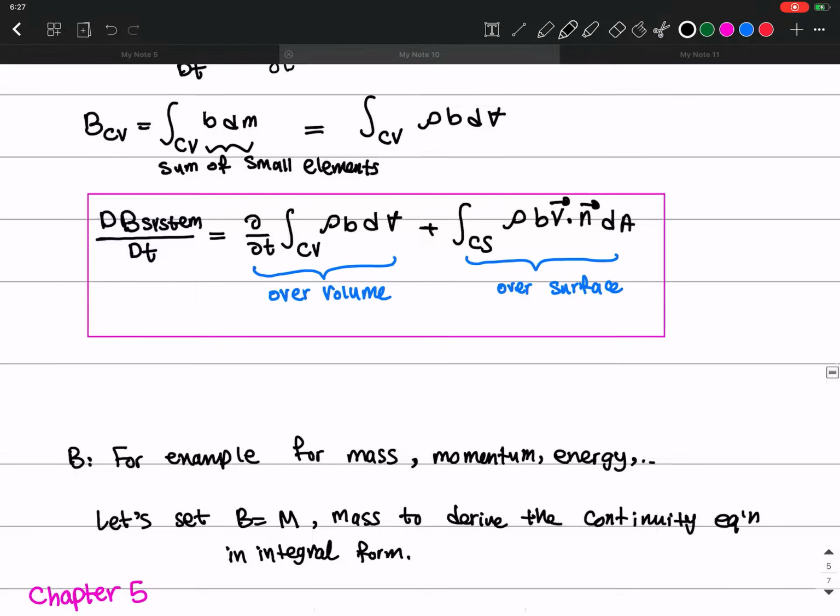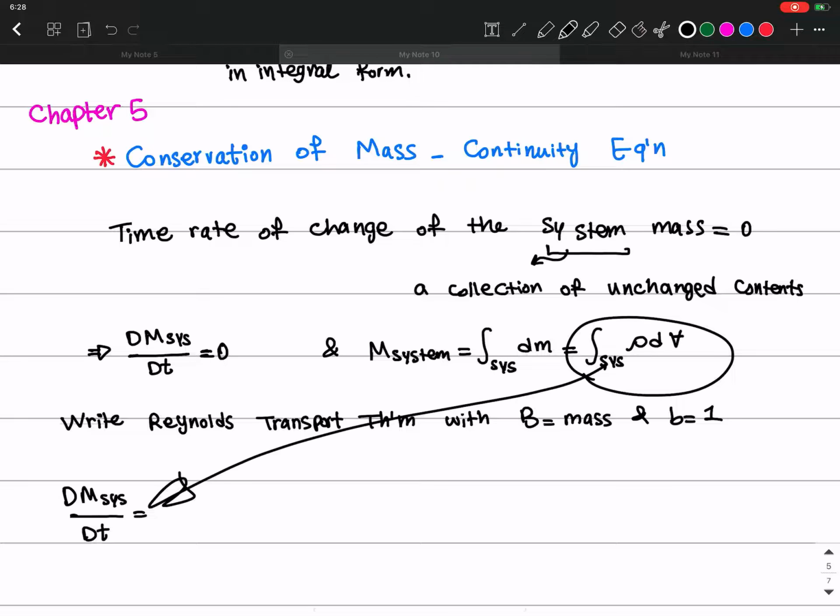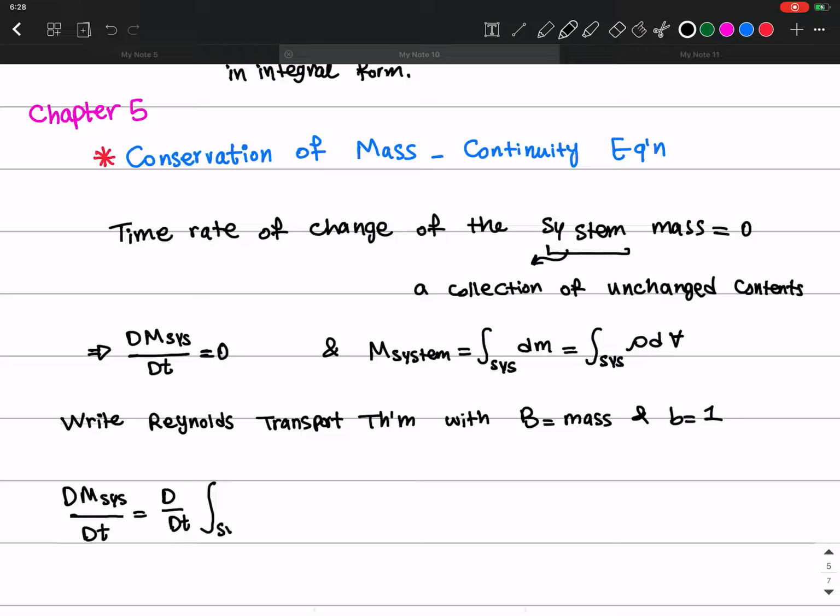So instead of dB system, it's just the mass of the system. So I write dm system over dt equals, instead of mass of system, I write this definition: d over dt of the integral over the whole system of rho dv.